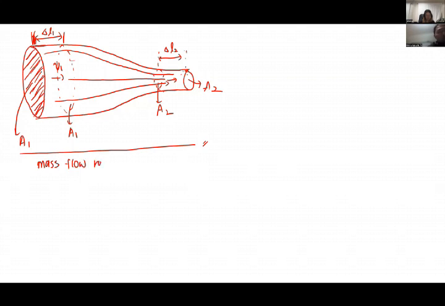Under this condition, mass flow rate could be defined by this definition. Mass flow rate is just the change of the mass in a given time. So that is delta m over delta t. Again, the mass flow rate is how fast mass changes in given time for the fluid of your interest.